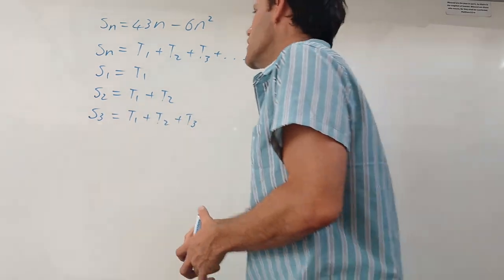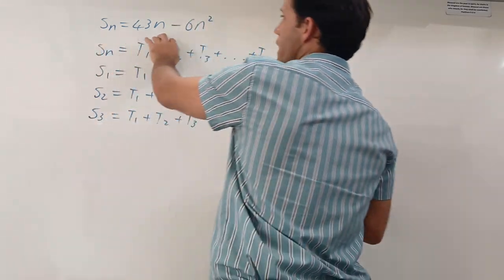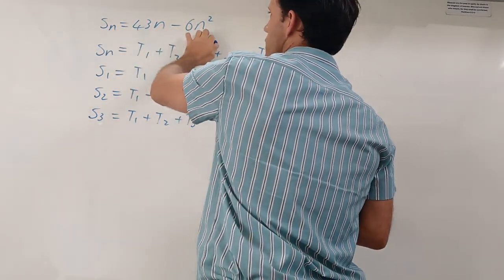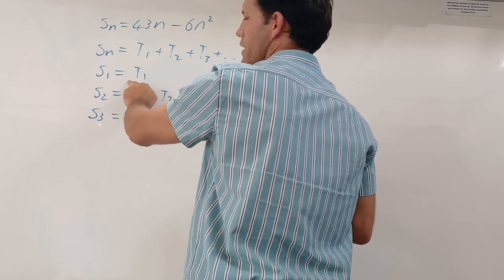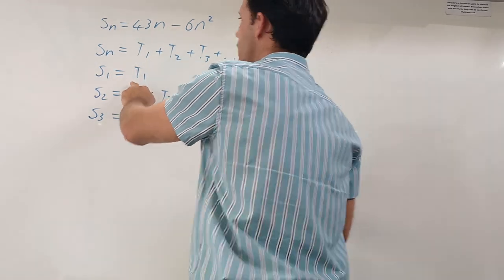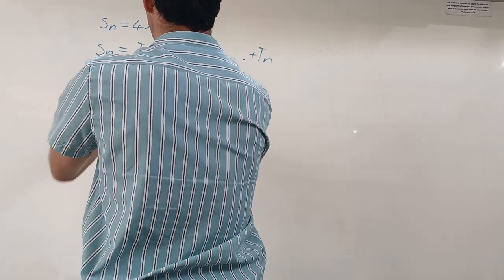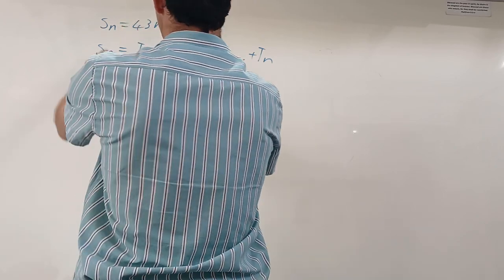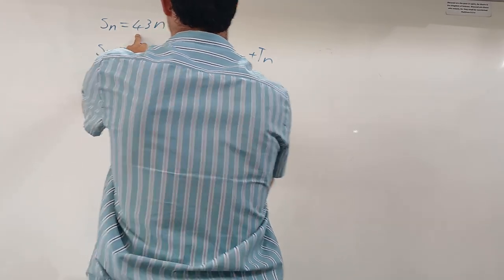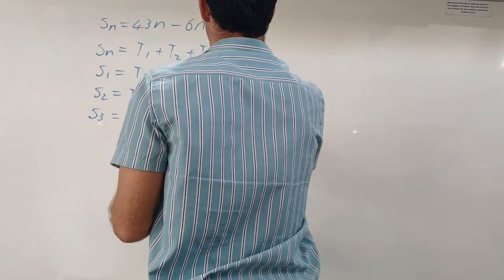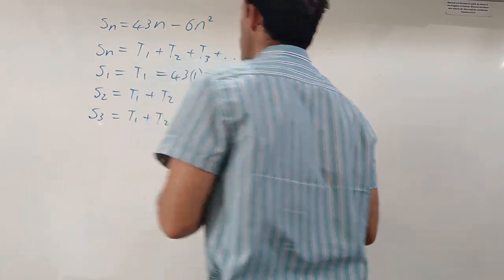Okay. So if we have the equation that we have to use, then if I put in 1 for S1, I'm going to see what term 1 is. So I can say here, S1 is equal to T1, so it's equal to 43 times 1 minus 6 times 1 squared.